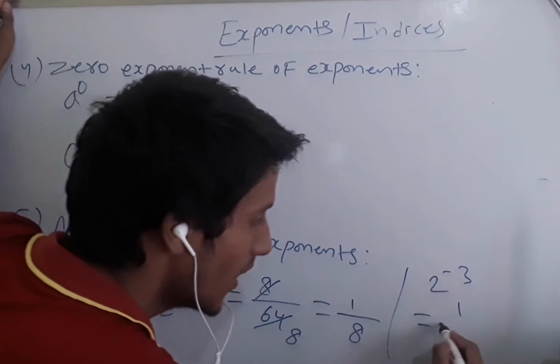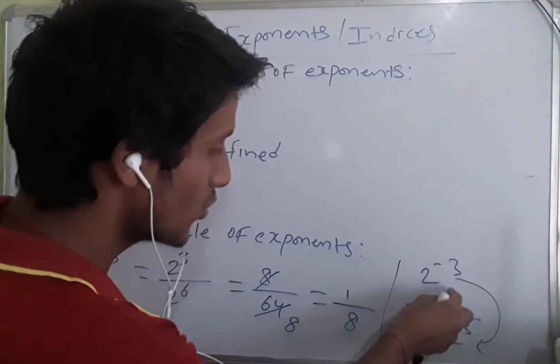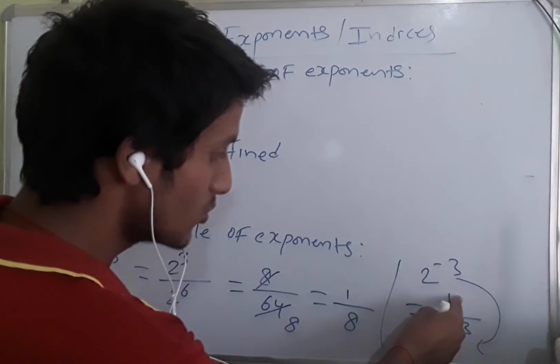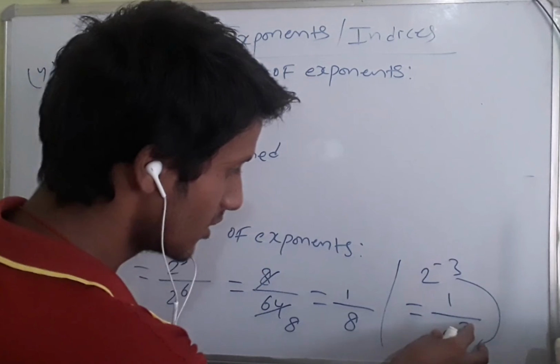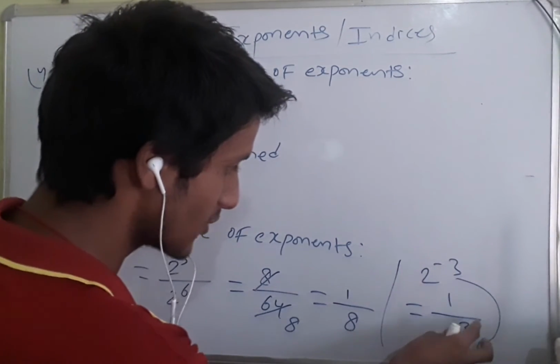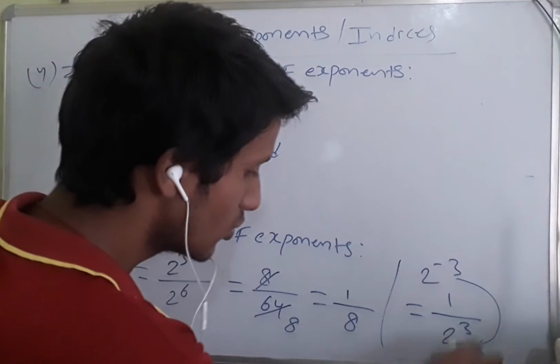How come? It means 1 divided by 2 cubed. The exponent becomes positive when you write 1 at the numerator and this goes in the denominator. So 2 to the power minus 3 is 1 over 2 cubed.